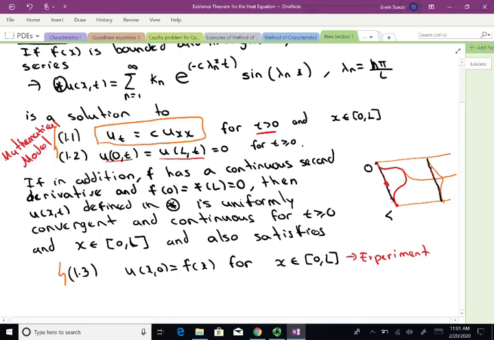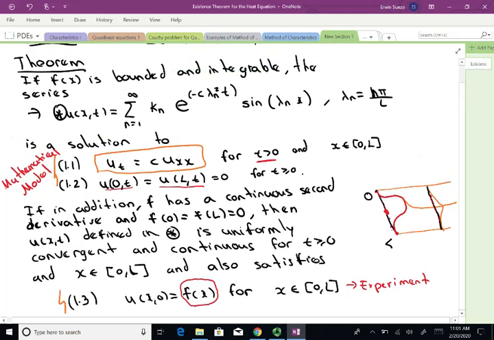So the question is, what is a good f? How does my initial distribution have to be in order to solve this equation? This is the answer of the theorem. The theorem is saying that f has to be bounded and integrable. Oh, I think I'm missing something here.